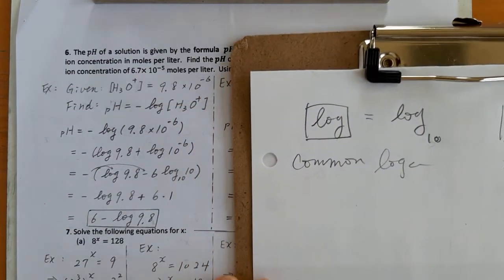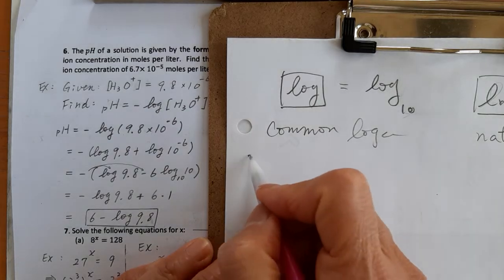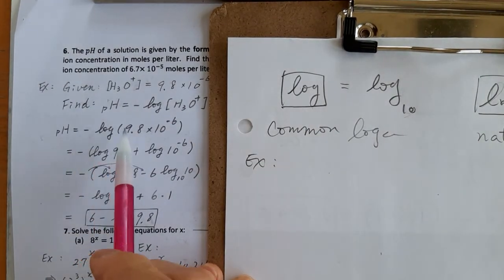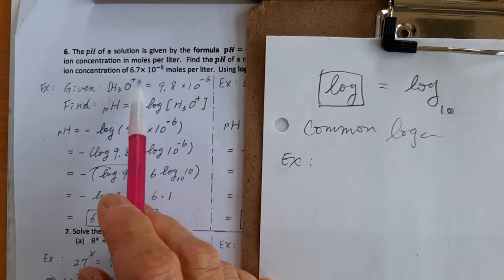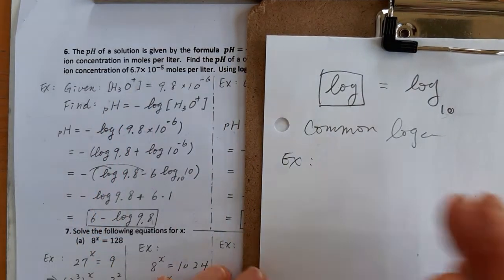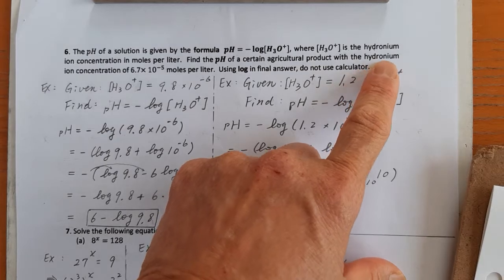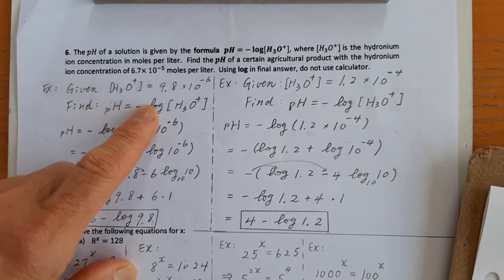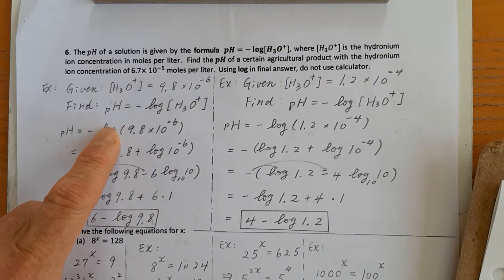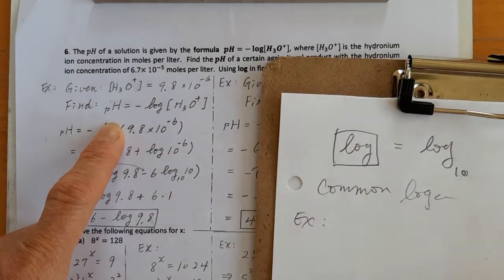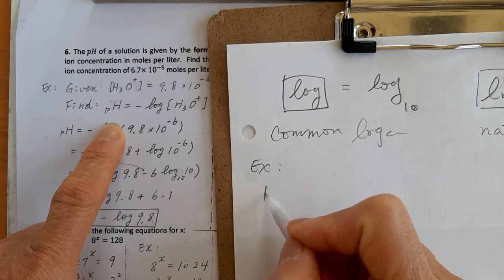So I'll give you one example. If the hydrogen ion concentration H3O plus is 9.8 times 10 to the power negative 6, find the pH value.